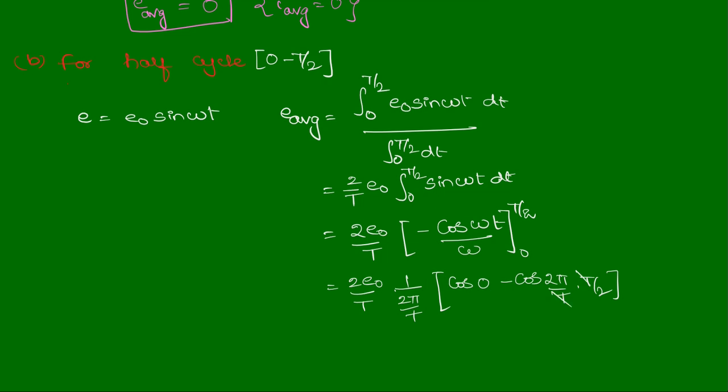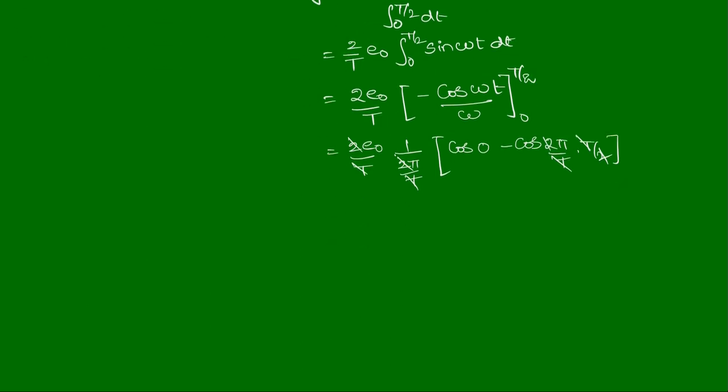So T gets cancelled, 2 also gets cancelled. Cos pi is minus 1, cos 0 is 1. Here also I can cancel 2, T gets cancelled, and we'll have E naught by pi into 1 minus of minus 1. This will be equal to 2 E naught by pi.